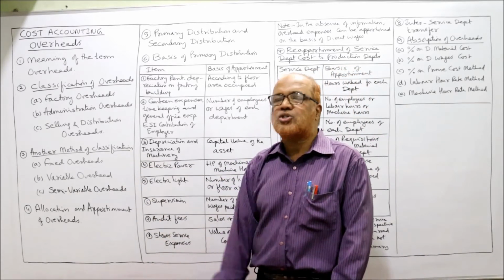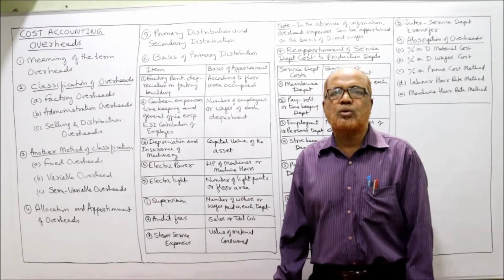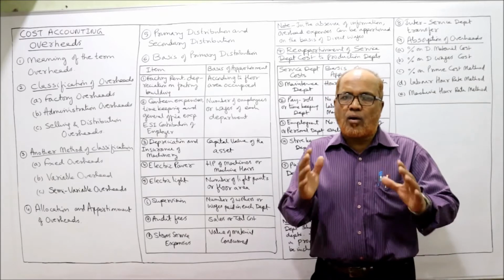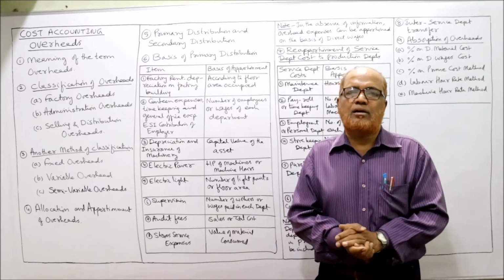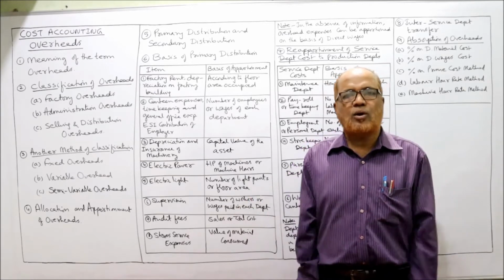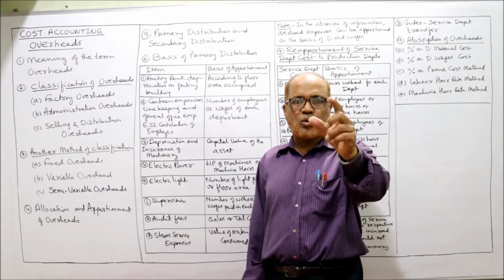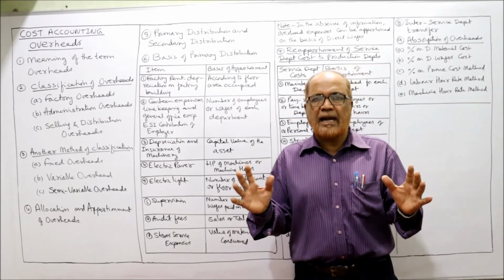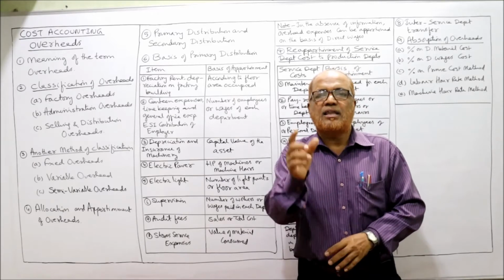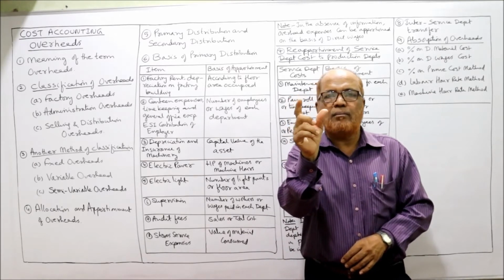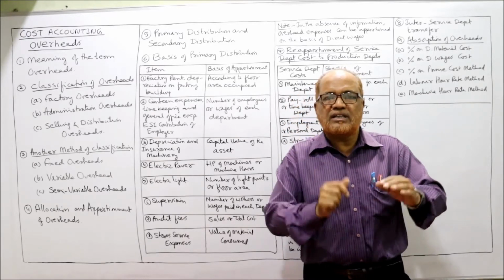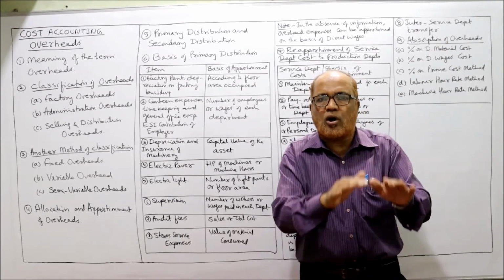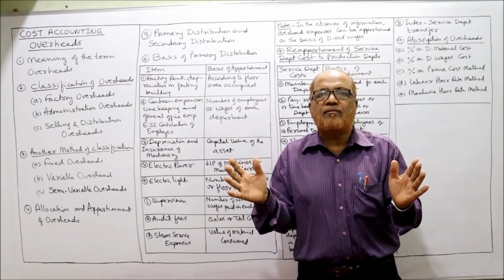The next classification of overhead is according to variability, whether the overheads are fixed or variable. So according to the variability behavior of the overheads, we can classify the overheads into three categories: fixed overheads, variable overheads and semi-variable overheads. Fixed overhead, the name itself is clear. The amount of overhead will remain constant. Whether the activity is more or less, whether the production is more or less, the overhead will remain fixed.